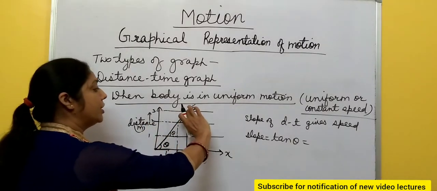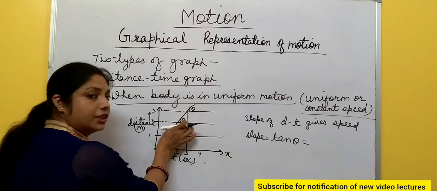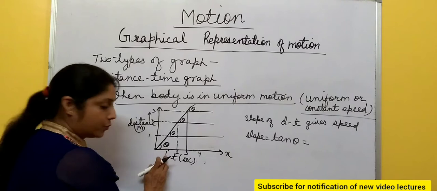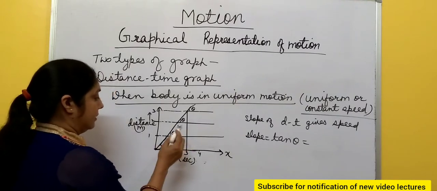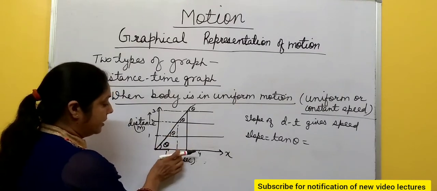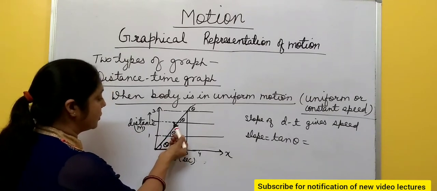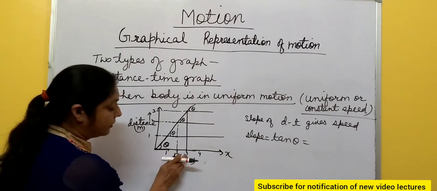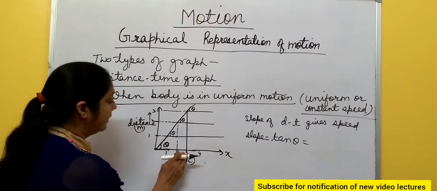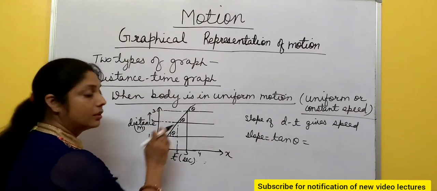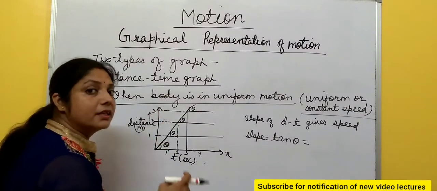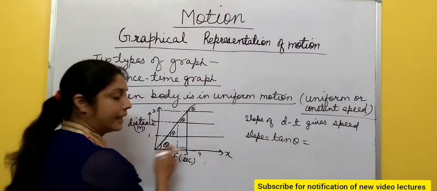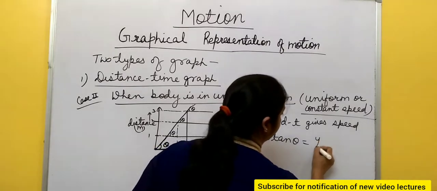It means the change in distance with equal change in time is always the same. Here the time interval is 2 minus 1, 1 second, and the distance change is also 2 minus 1, 1 meter. When time is 2 and 3, it means 3 minus 2, 1 second, and the change in distance is 3 minus 2, 1 meter. It means the ratio is always constant. So the slope, the ratio of y-axis by x-axis, is always constant.